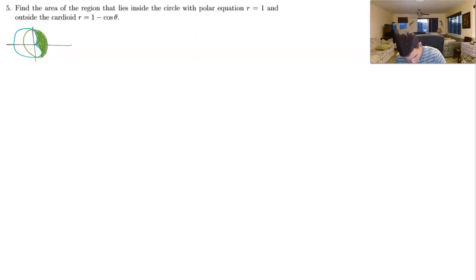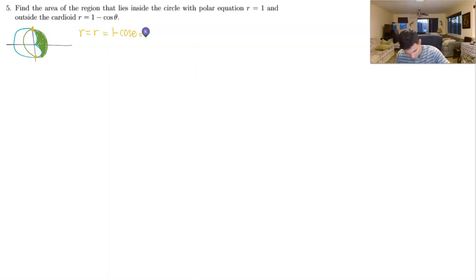But we need to think a little bit about how to describe this region. We have 2 points that are touching, and it's important to see what that means. That's where r equals 1 and r equals 1 minus cosine theta meet. So 1 minus cosine theta is equal to 1.